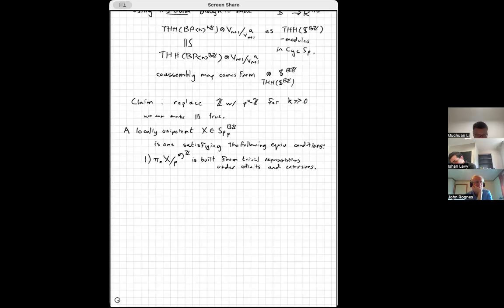So it's saying the action might be non-trivial, but it's pretty close to being trivial. At every point, it's finitely far away from being a trivial action.